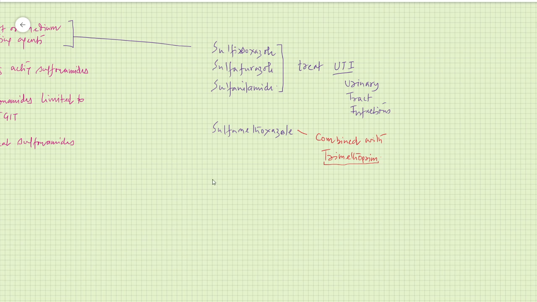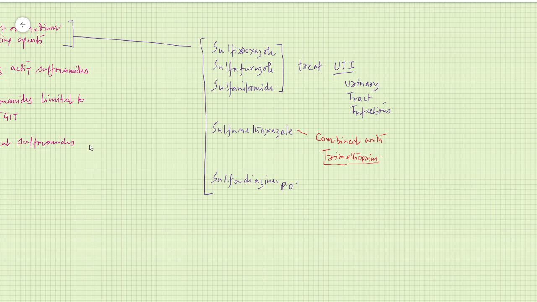And then there is this drug, sulfadiazine. This drug is also short acting, and when we classify it along with these drugs, we are assuming that it is given per oral. This drug is also used topically.